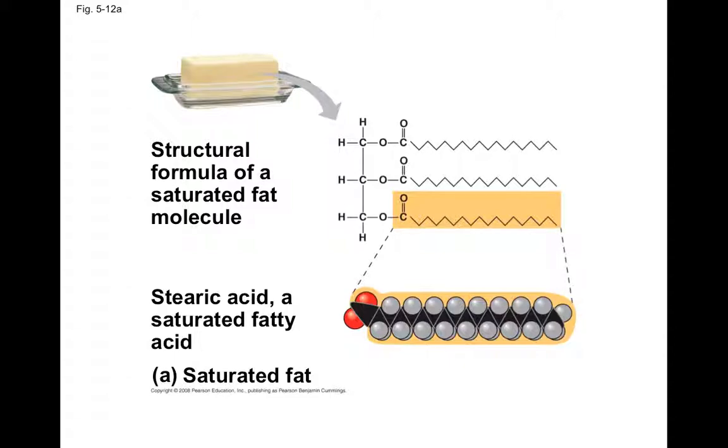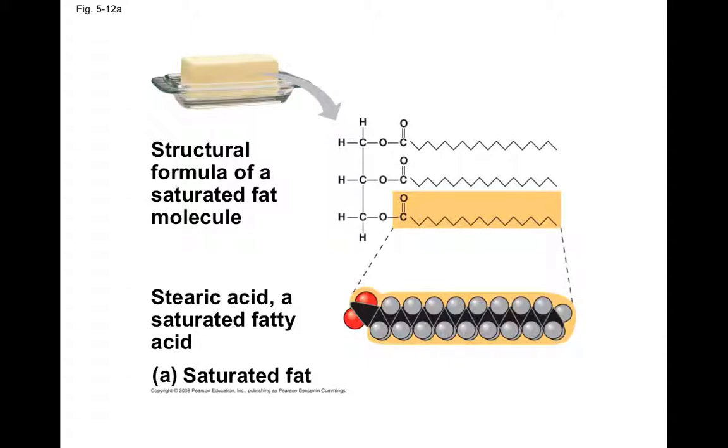So that's one reason why it's important for your health not to have too many saturated fats, because the fats in your cells can pack together, and then you have an unhealthy amount of straight phospholipids in your cells.